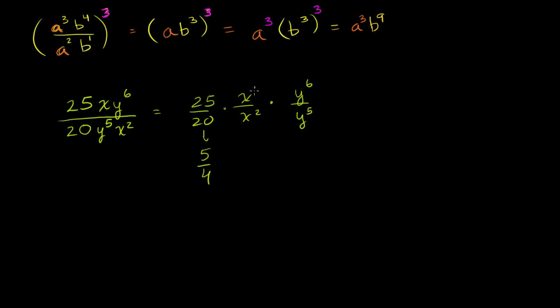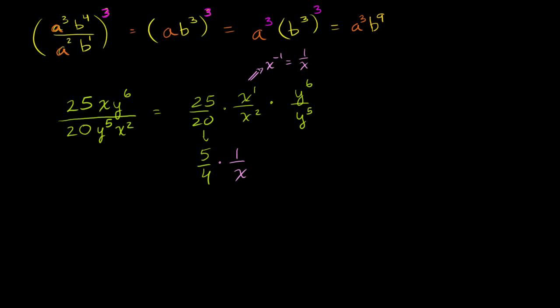You have a first power here. 1 minus 2 is negative 1. So this right here is equal to x to the negative 1 power. Or it could also be equal to 1 over x. These are equivalent. It would be x over x times x. One of those sets of x's would cancel out, and you're just left with 1 over x.